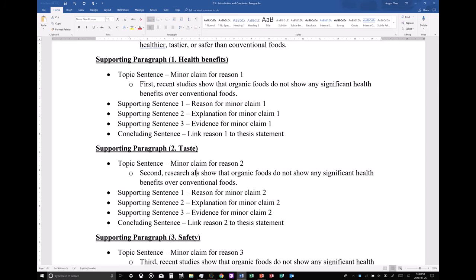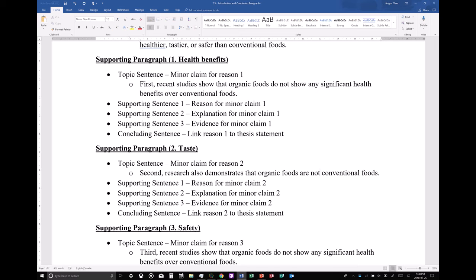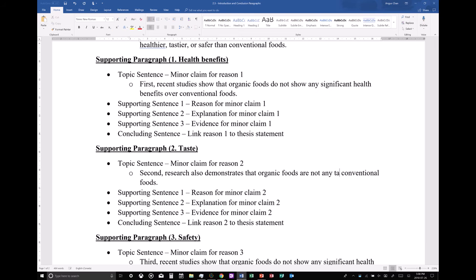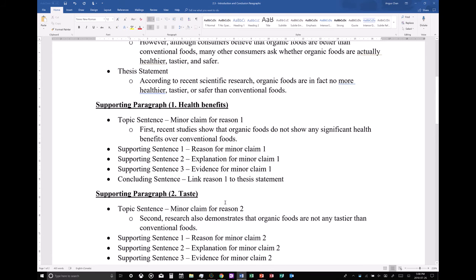Research also shows, so I'm paraphrasing a little bit. So instead of saying recent studies, I say research, and then show, I use demonstrate instead, that organic foods are not any tastier than conventional foods.